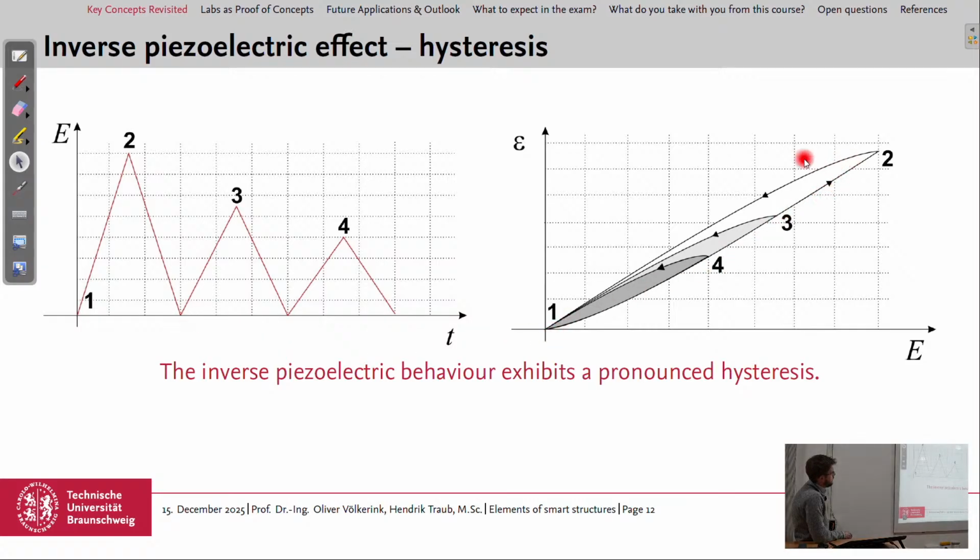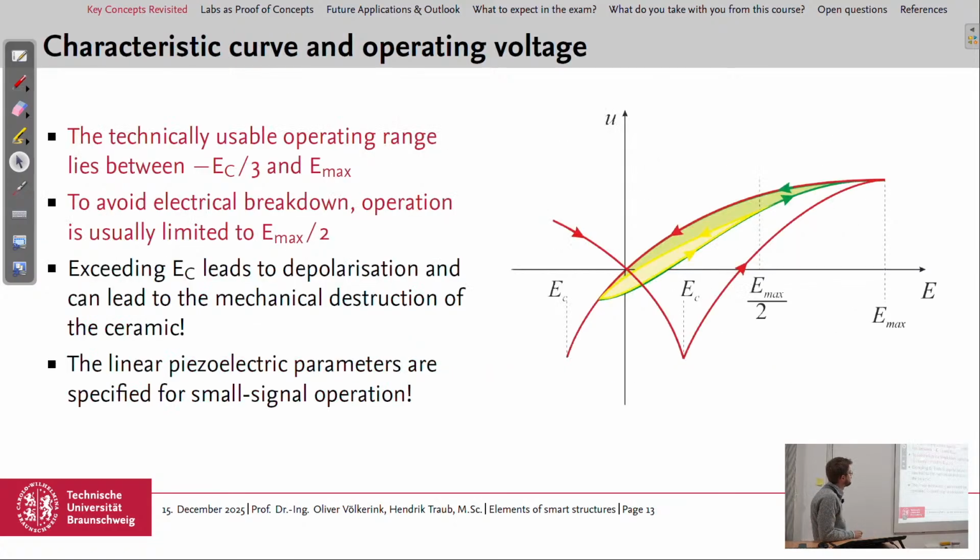The area between these two lines is the hysteresis, a measure for the loss. And if we go up to 0.3 again, so a smaller electric field than before, then the hysteresis is also smaller. And this is the inverse piezoelectric effect because we apply a field and want to use a deformation or elongation.